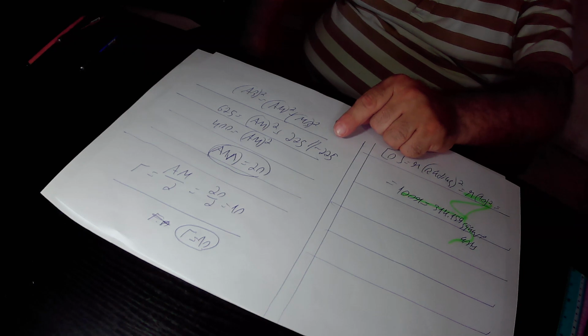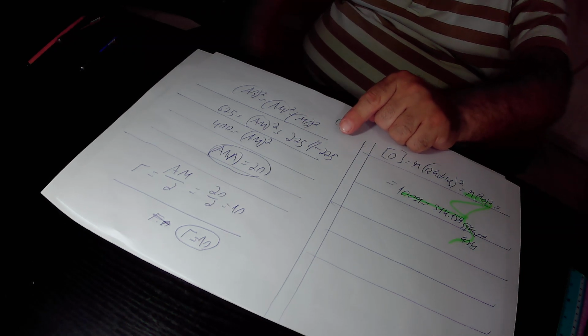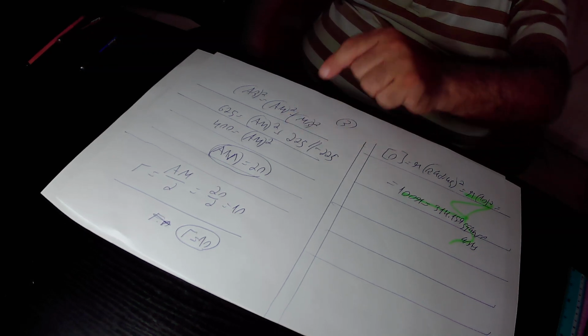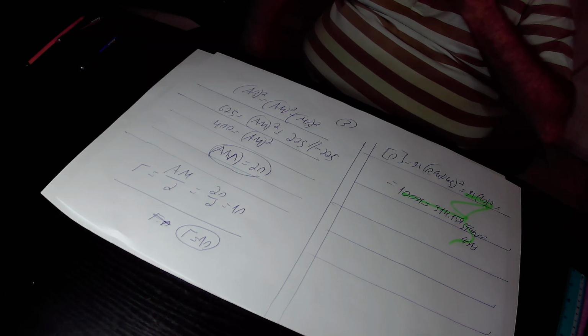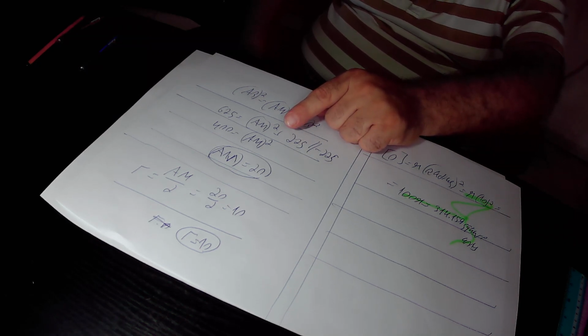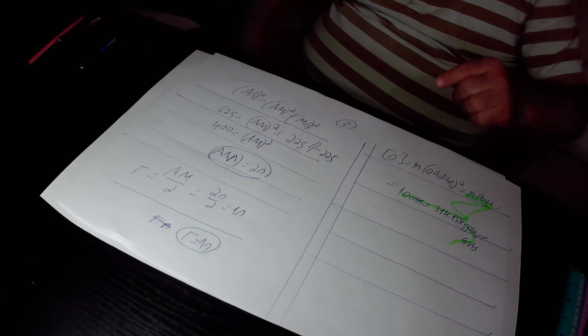We subtracted 225 from the equation and found that 625 minus 225 is 400. So 400 equals AM square. Taking the square root, the missing side AM equals the square root of 400, that is 20. So AM equals 20 units in length.